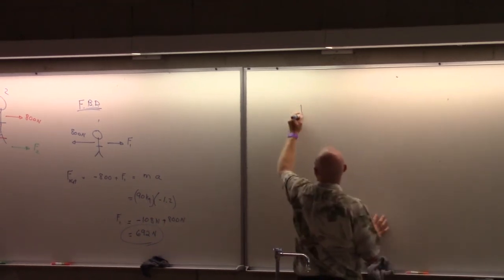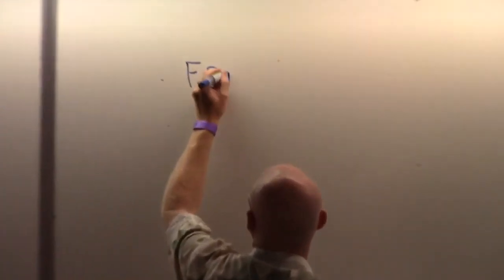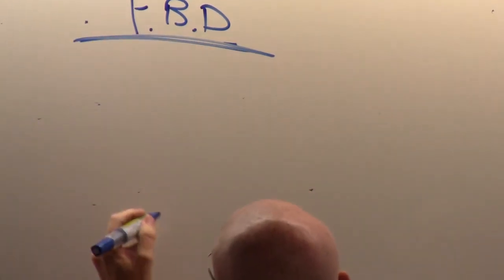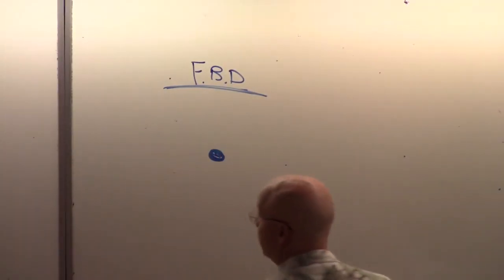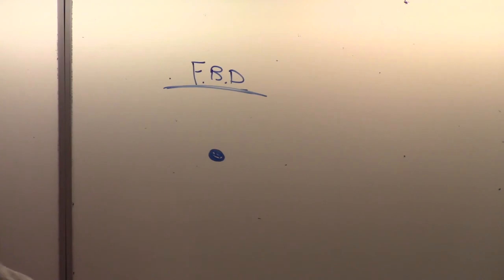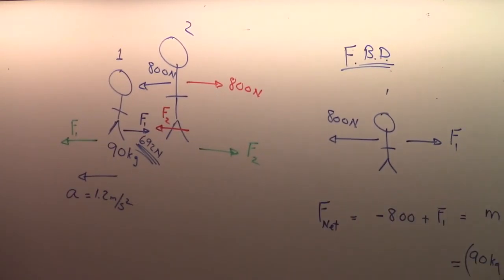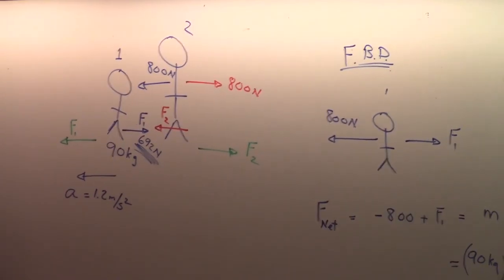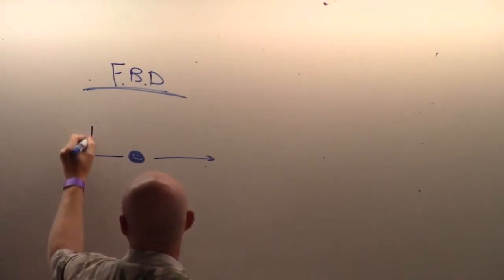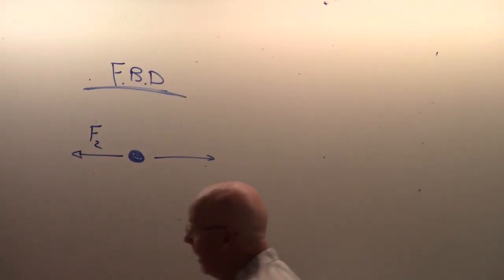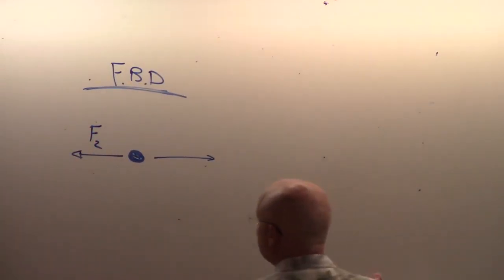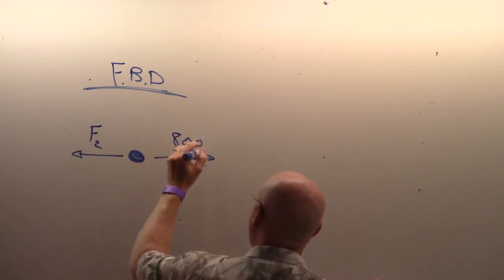And so when I do free body diagram of player number 2, and I'll just make a little dot for player number 2, I'm going to come over to here and say, okay, what forces are on player number 2? It looks like, again, there would be a force of F2 from the ground and a force of 800 pushing back. That's the action-reaction between the two players.